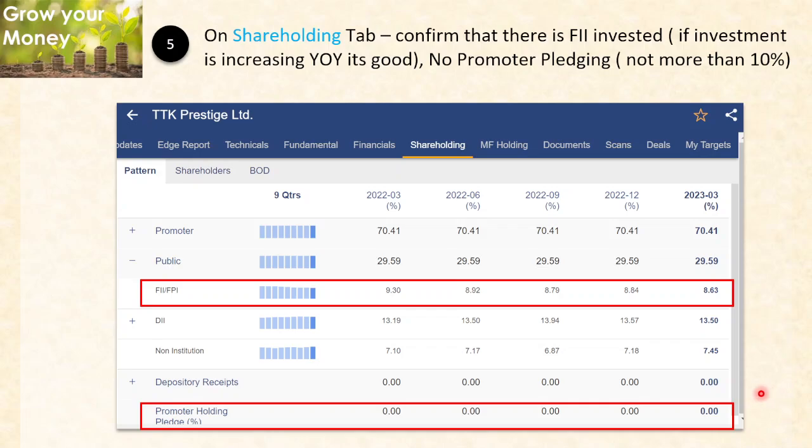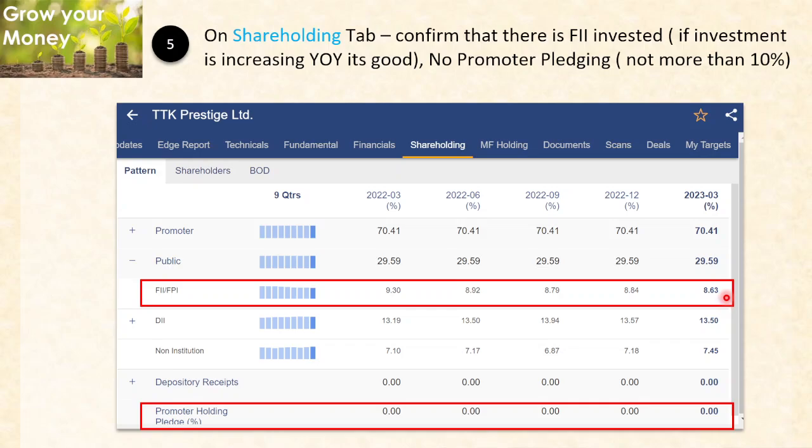And if it is less than 10%, it is good to enter into that company for buying. If it is zero, it's a very good company for us to get in. And sometimes you may see that FII is increasing its percentage. Here it is declining, but it is still okay for us.